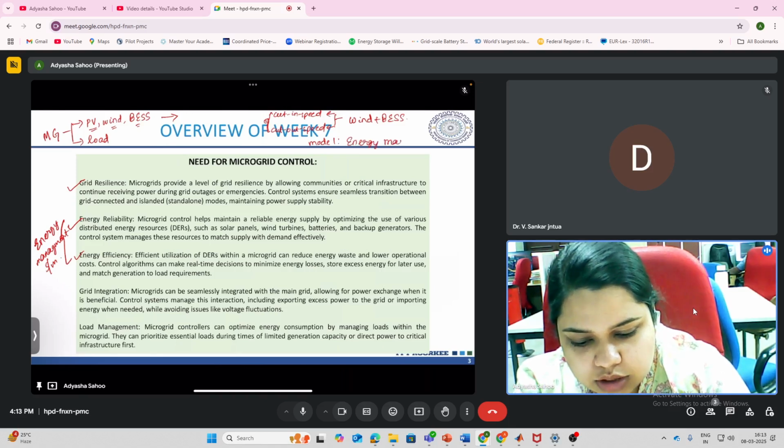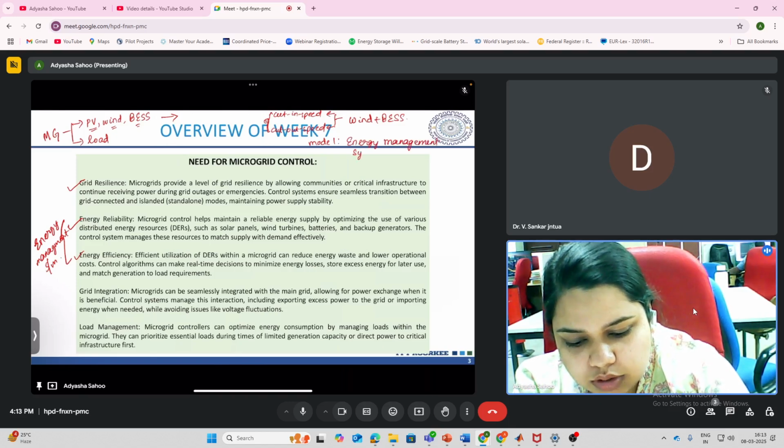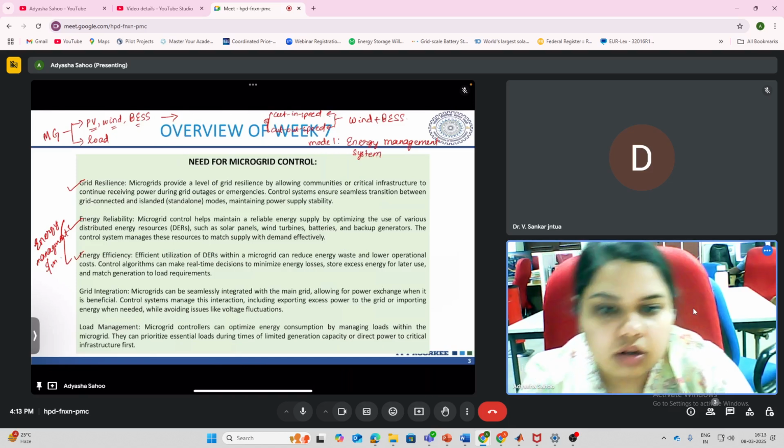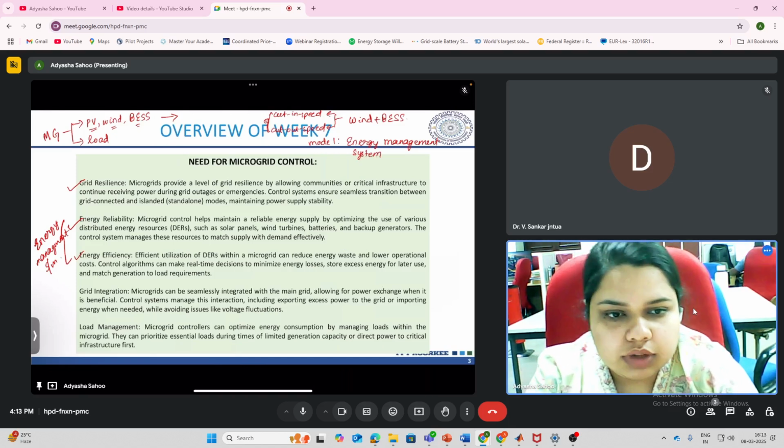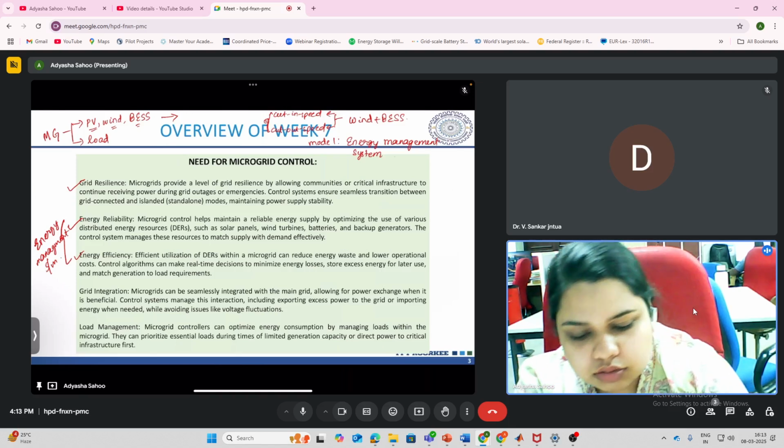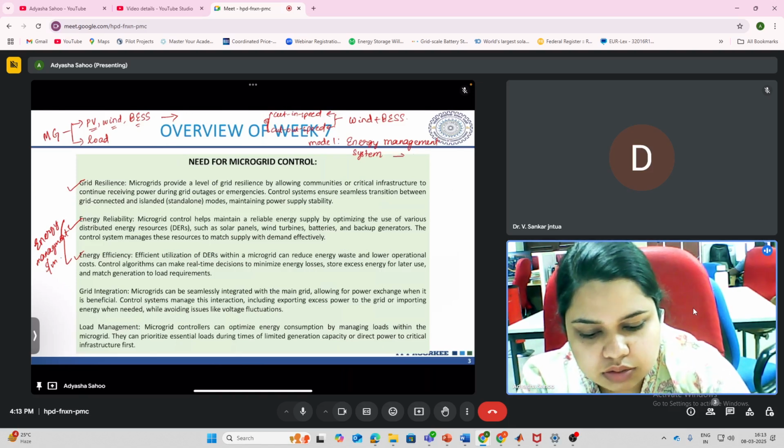What the energy management system will facilitate is, depending upon the various scenarios, its main aim is to maintain the voltage and the frequency of the system. So the energy management system's objective is to maintain the system security parameters, we can say system security.